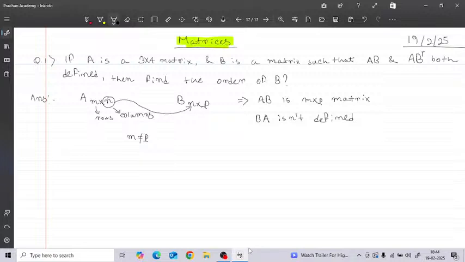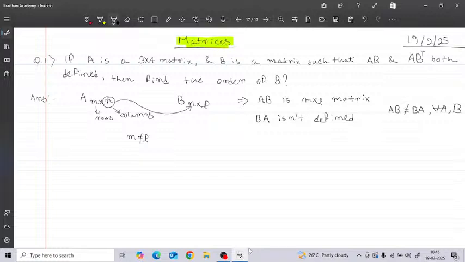So matrix multiplication is not commutative, AB is not BA for all A, B. So how to multiply two matrices? If the column number of the matrix on the left hand side is equal to the number of rows of the matrix on the right hand side, the matrix multiplication will be defined.